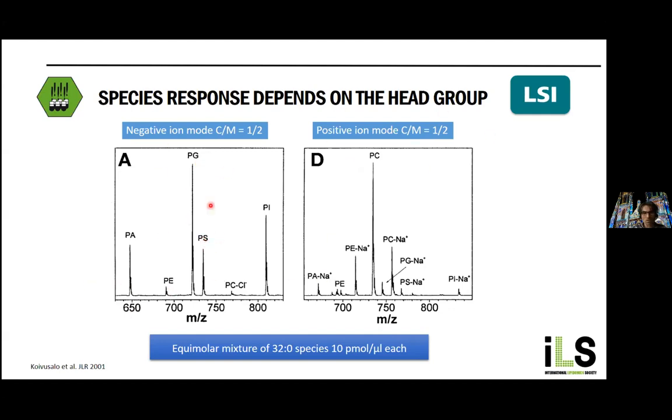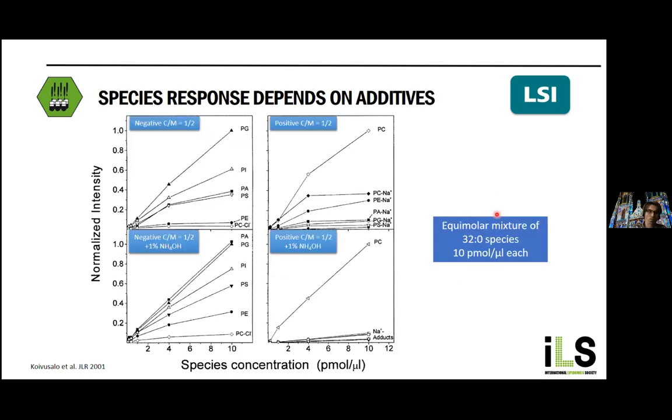These are equimolar mixtures, and some show much higher signals than others. So you can easily modify these responses by adding, for instance, base. You will see that boosts, for instance, the PA, and you can get rid of sodium adducts. So you can really modify the ionization quite a lot by adding these modifiers.